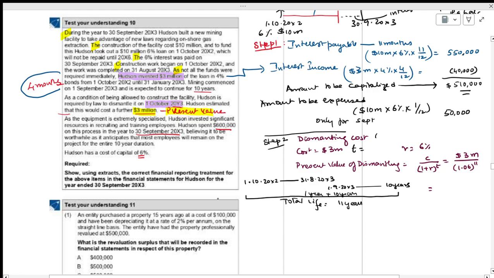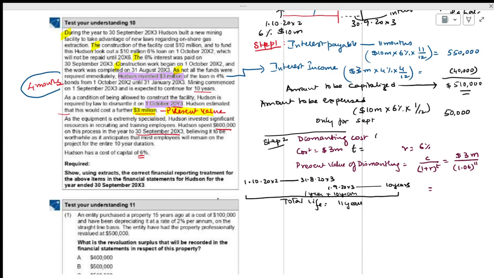The reason why we are doing this is, when you are calculating the dismantling cost, it will be recovered over a period of 11 years.